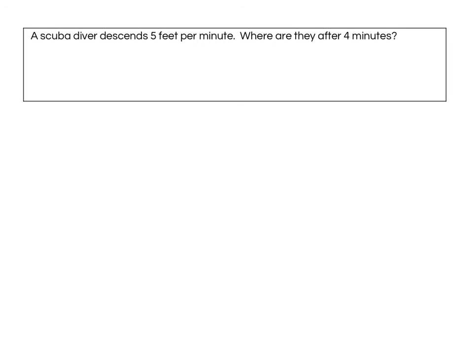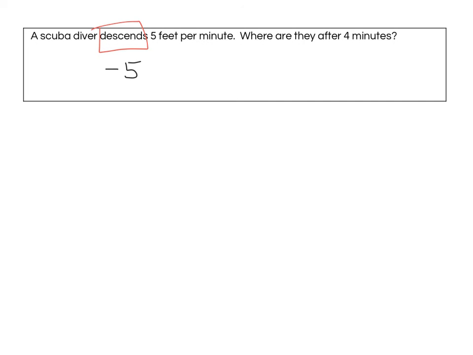Let's talk about Scuba Steve here. A scuba diver descends 5 feet per minute. Where are they after 4 minutes? There should be a keyword in there that you instantly are drawn to. Descend. Descend is going to help you recognize that that's going to be a -5 per minute.